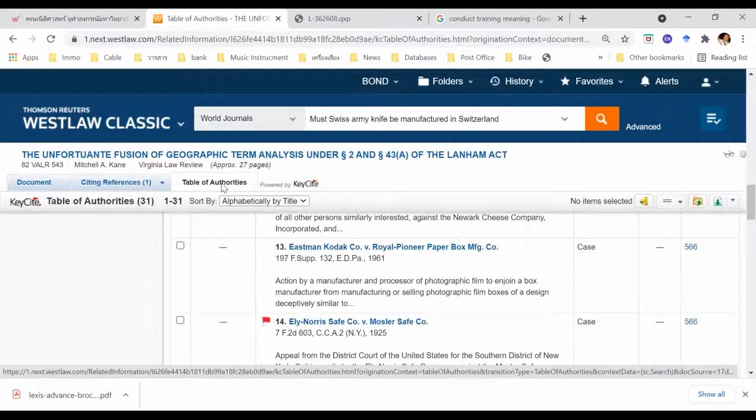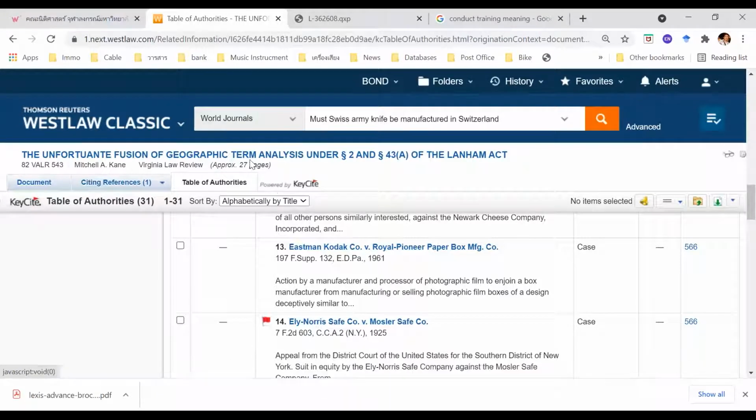And another one you want to know is whether these articles have been cited by another publication, maybe journals, maybe cases that cite this. Can I see it? So Westlaw will give you how many publications cite this article. You can look at that: citing references.